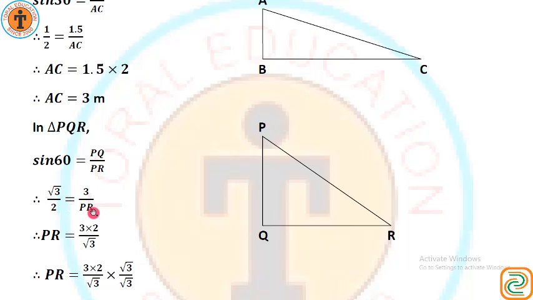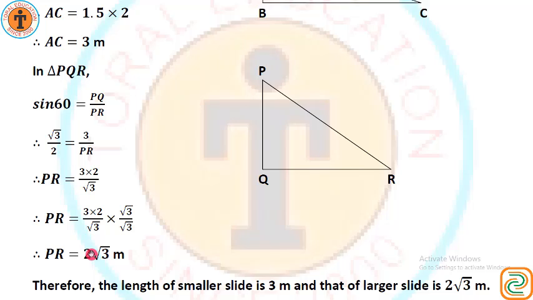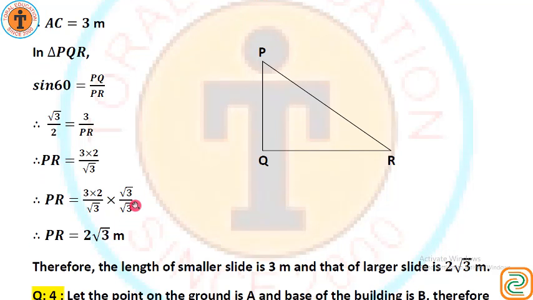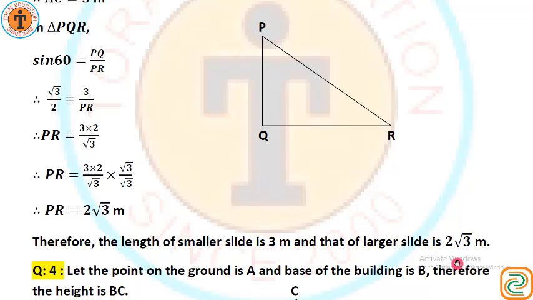So root 3 will be in the denominator and 2 will be in the numerator. 2 3s are 6 upon root 3. Again I have rationalized. 3 into root 3, root 3 into root 3, that is 3. 3 will be cut off and 2 root 3 is our answer. So the length of the smaller slide is 3 meter and that of the larger slide is 2 root 3 meter.